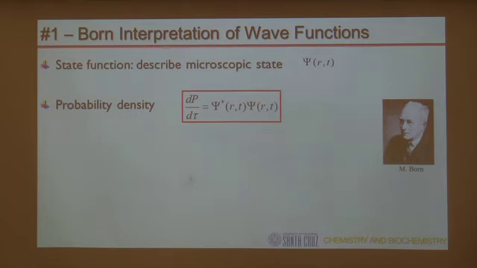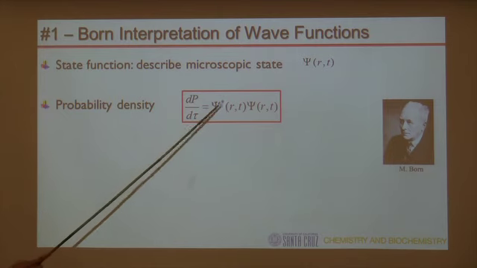If you divide the whole space into infinitesimal volumes, the probability falling into one small volume is defined as probability density. That's why we write dP over d tau, where d tau means one space point. The probability of finding the particle within that small point is the probability density and can be calculated by doing this.